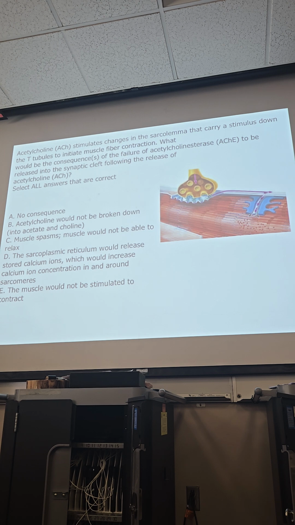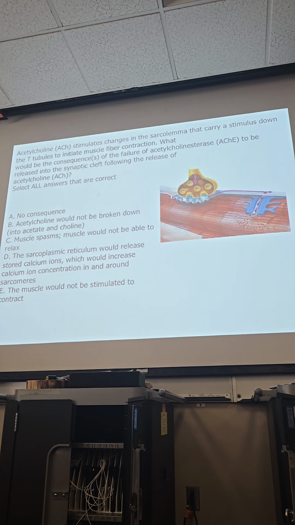So you're running a bunch and you get a leg cramp. What is the leg cramp from? You're building lactic acid because what process is not taking place quickly enough? Respiration. You're running out of ATP.